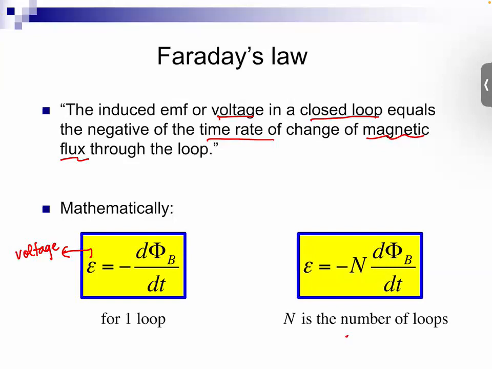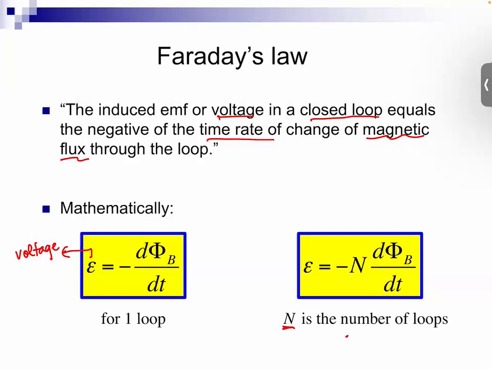If you have n loops, then voltage is created through each of the individual loops. Hence, the total voltage that is created is just the number of loops times how fast the magnetic flux is changed through the loop.